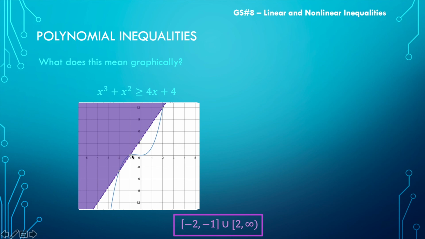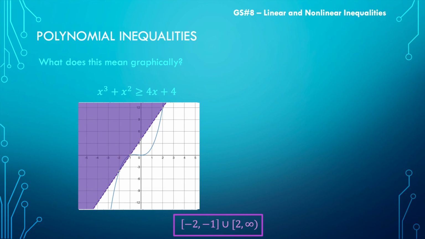Now, what we're really looking at is the domain of the parts of the graph that are blue that are within the purple shading. So if you look at that, it's everything between -2 and -1, and we're going to include those endpoints. And then this is not in that shading, but then it goes back into the shading around, well, exactly at 2. And then the rest of the graph will be within the shaded region. Okay, and so that's how we interpret that graphically.